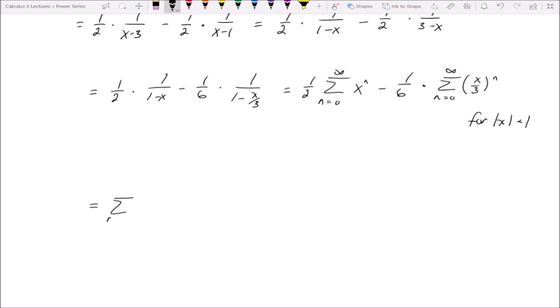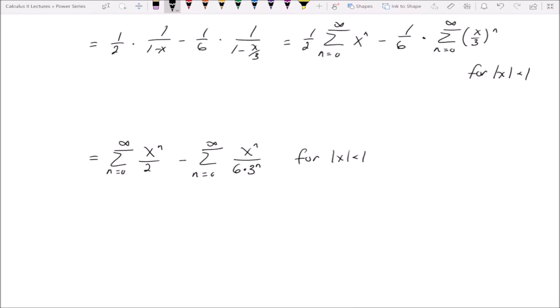So we get the series n equals 0 to infinity of x to the n divided by 2 minus the series n equals 0 to infinity x to the n over 6 times 3 to the n. And again, this is for absolute value of x less than 1. So this will be the series n equals 0 to infinity of x to the n over 2 minus x to the n over 6 times 3 to the n.